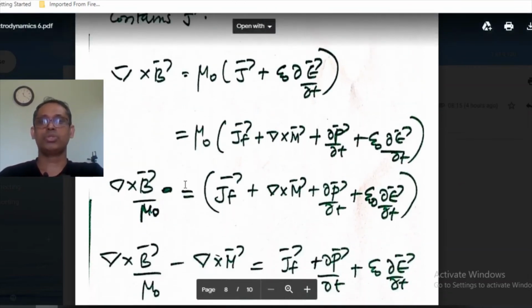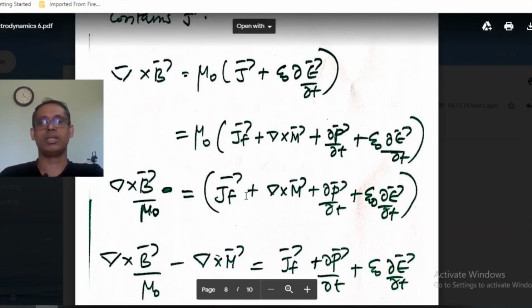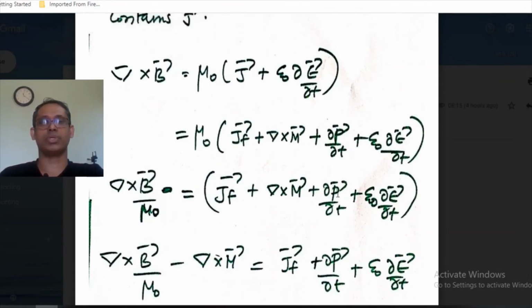Then I am taking mu 0 to the left hand side. So I have del cross B over mu 0 equal to JF plus del cross M plus dou P by dou T. Then I take this del cross M to the left hand side.